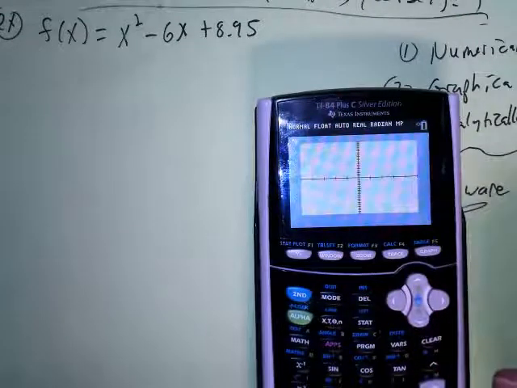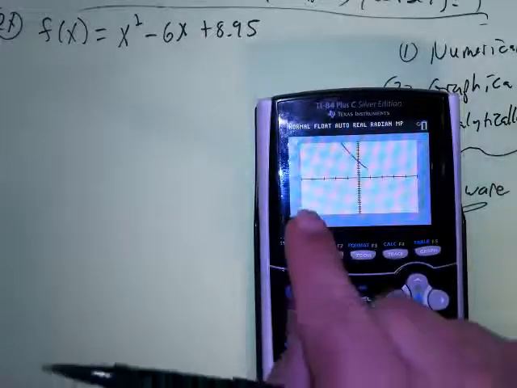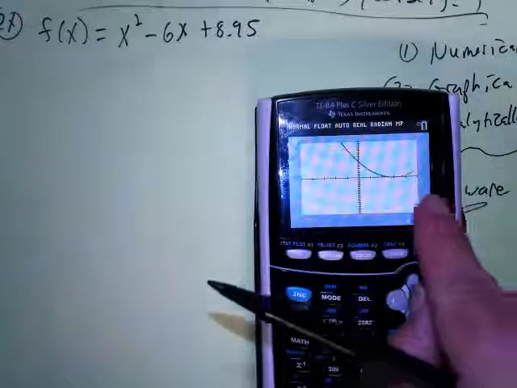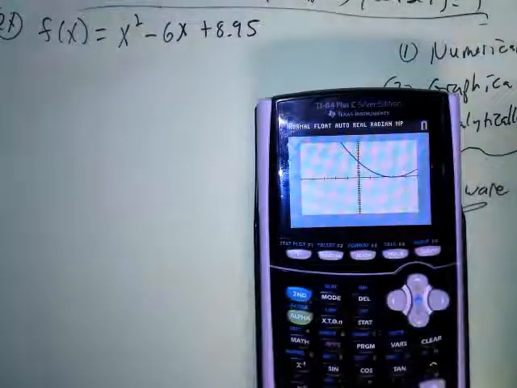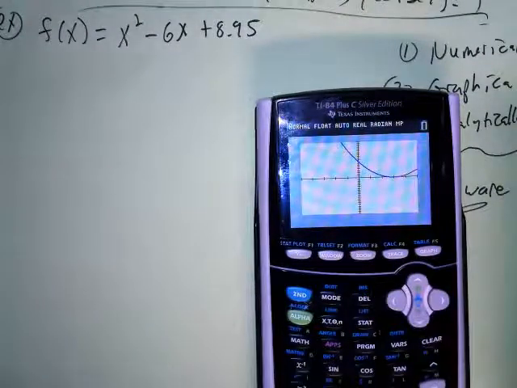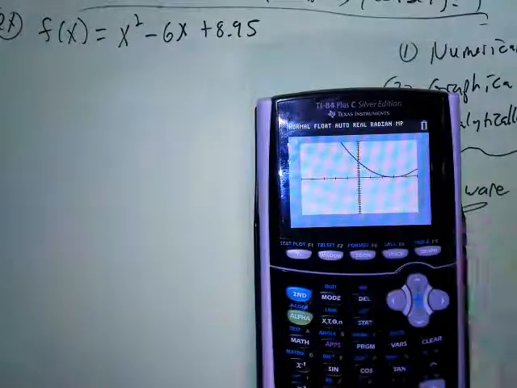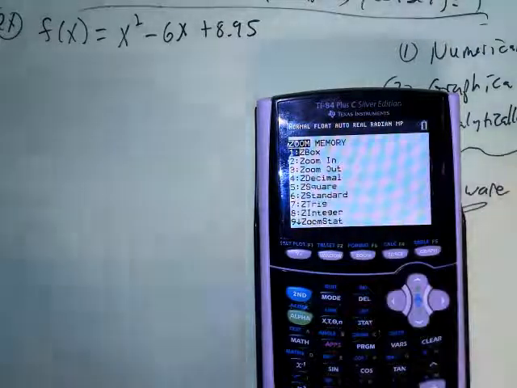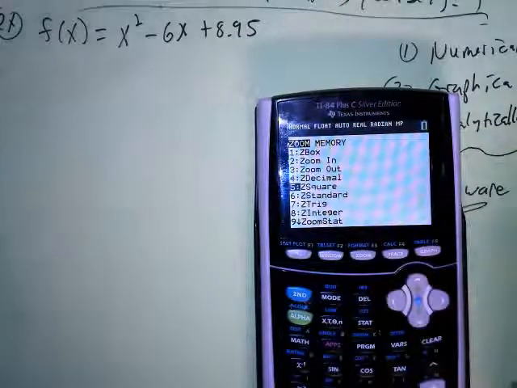So it can do that, and it'll look a little bit different. So now it's negative 5 to 5, and then this goes all the way up to 20, and it kind of makes the thing seem a little more stretched out, doesn't it? Okay.